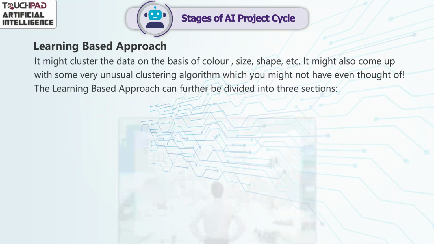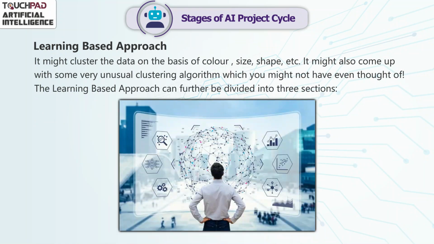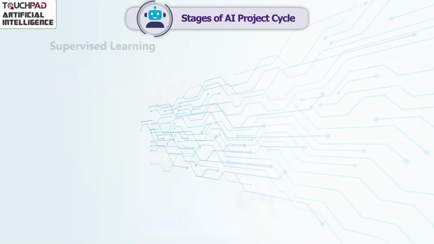It might cluster the data on the basis of color, size, shape, etc. It might also come up with some very unusual clustering algorithm which you might not have even thought of. The learning-based approach can further be divided into 3 sections.